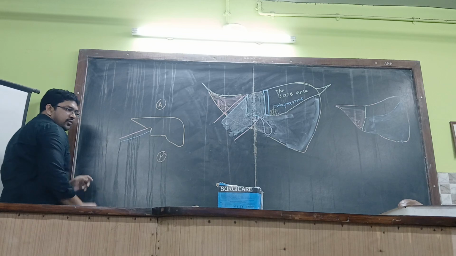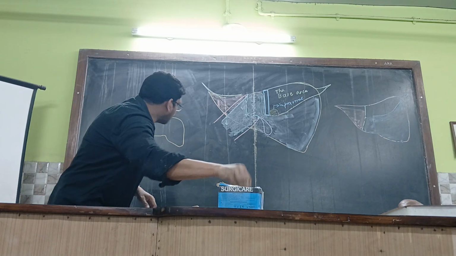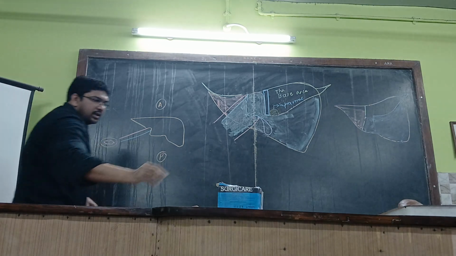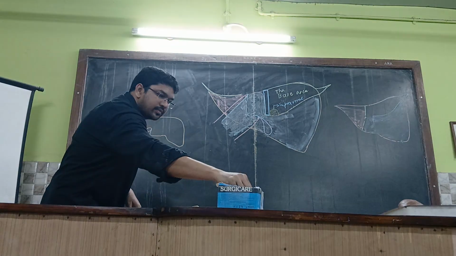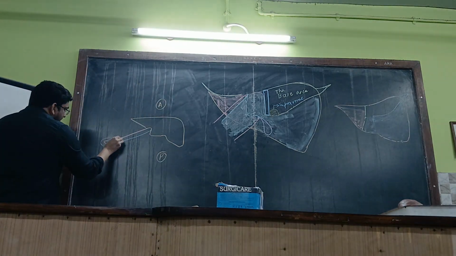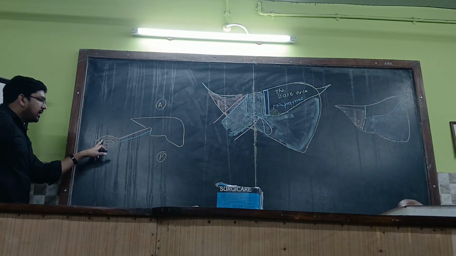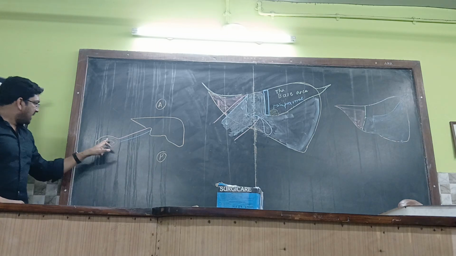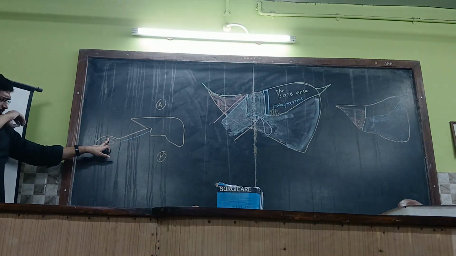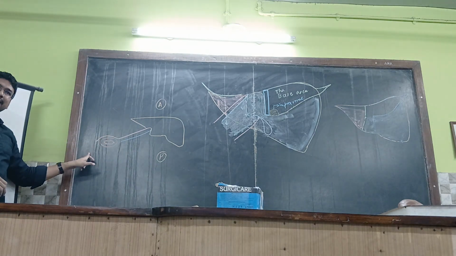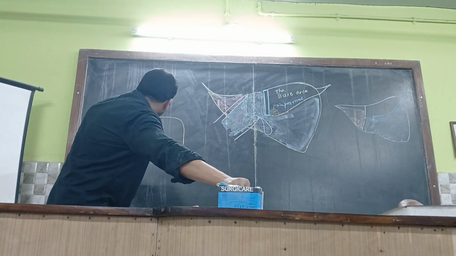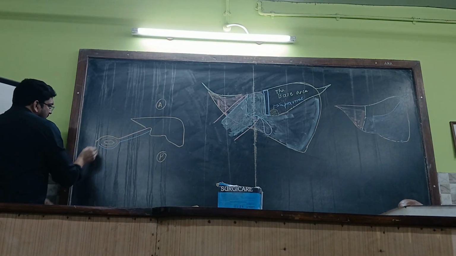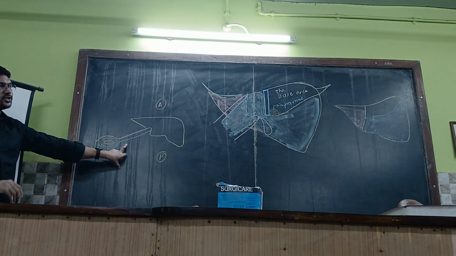Now it is enclosing the stomach over here. The anterior layer will be enclosing the stomach, covering the anterosuperior surface of the stomach. This is the anterior aspect, this is the posterior aspect. The anterosuperior surface of the stomach is covered by this anterior layer, and the posterior surface will be covered by this posterior layer of the lesser omentum.